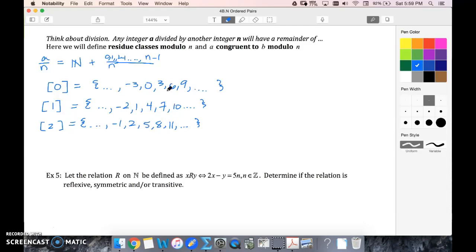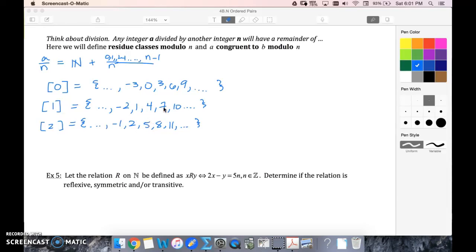And now I can see that I've got all the different sets of integers. Individually, each of these we refer to as the residue classes modulo, here, 3. Note within these, there's always a difference of 3, because that's what we were dividing by.